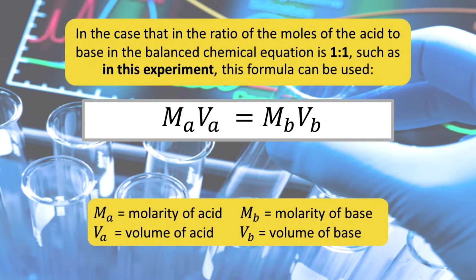In the case that the ratio of the moles of the acid to the base in the balanced chemical equation is 1:1, such as in this experiment, the previous formula can be used without considering n_a and n_b.